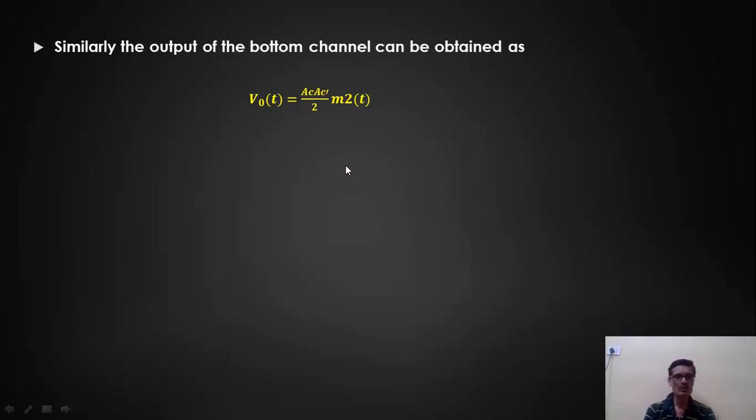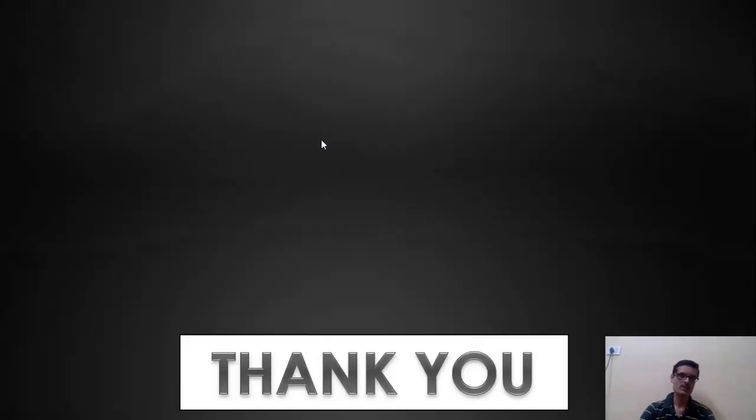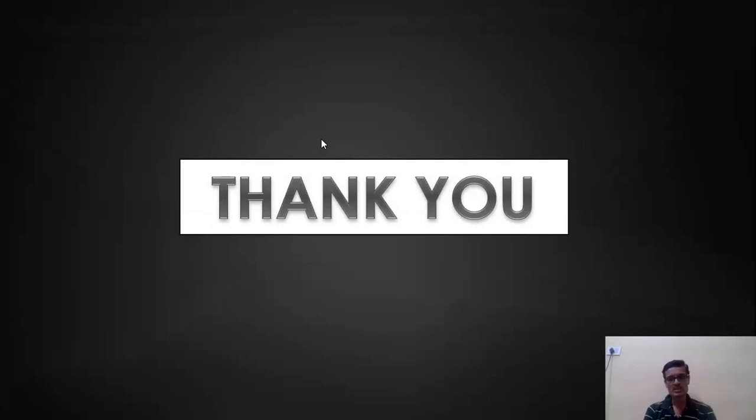So what I can say over here is, in both channels, the I channel and Q channel, M1 of t and M2 of t with this particular amplitude are recovered. So quadrature amplitude modulation is used for multiplexing two independent message signals, and without any mixing, the two signals M1 of t and M2 of t can be recovered in the receiver. Thank you for watching this video.